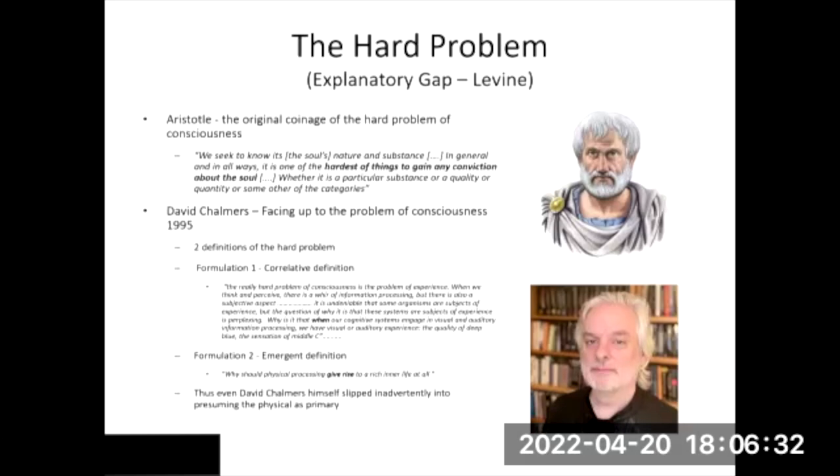He uses the term when, and then later on he slips to using what I would call an emergent definition, which presupposes that the physical is primary and that somehow consciousness emerges from the physical, which is interesting. So I think that was an interesting slip.